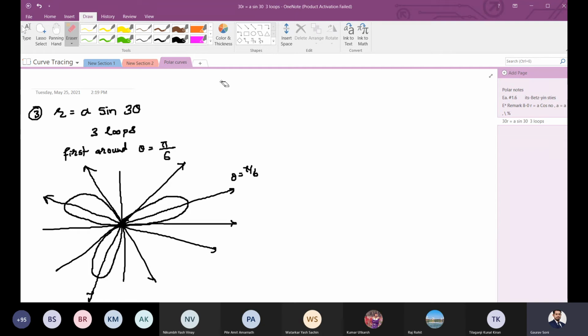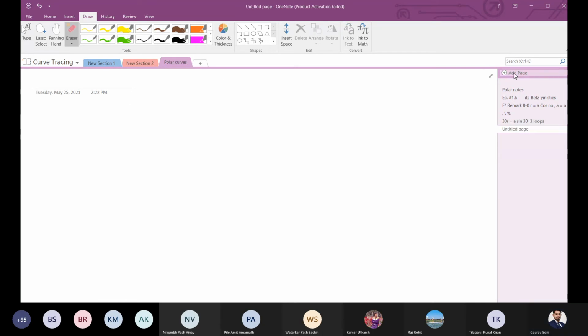The next type is the Bernoulli's curve. So we'll solve one example. This is just one of them. r square is equal to a square sine of 2 theta. Go with the procedure. Curve is symmetric about, what is it symmetric about?